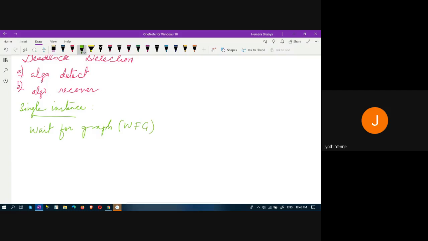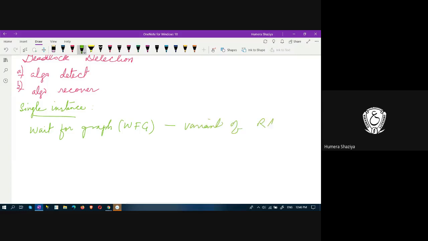This wait for graph is a variant of the resource allocation graph. We studied the resource allocation graph, RAG. This variant of the resource allocation graph is known as the wait for graph.